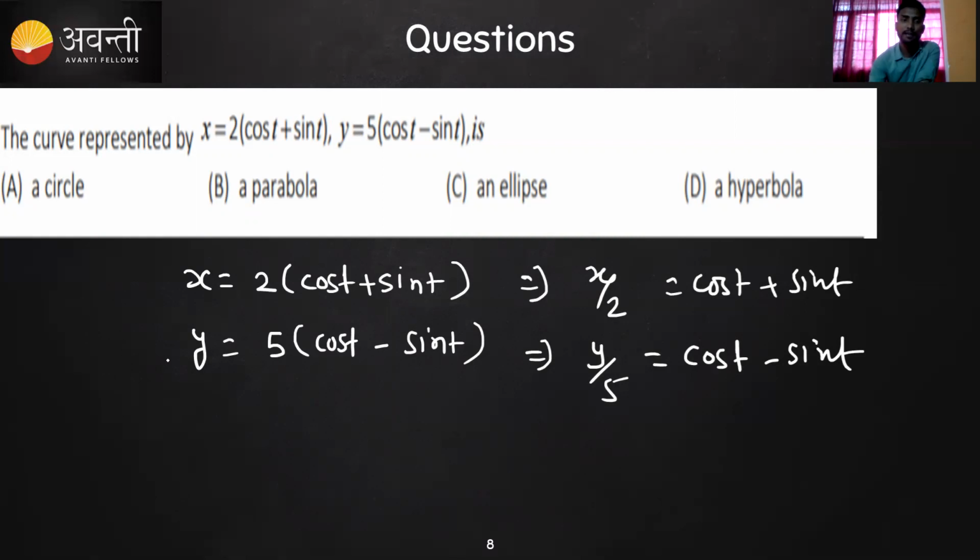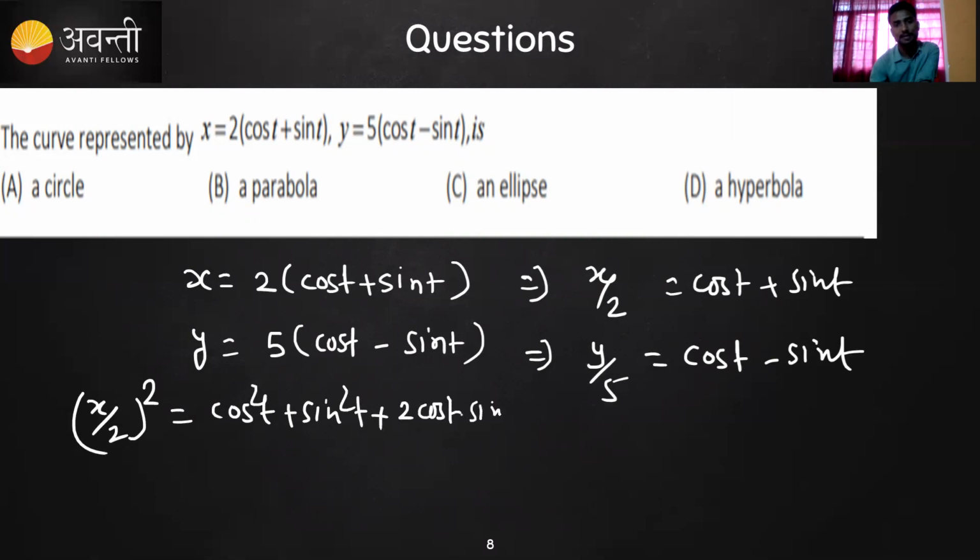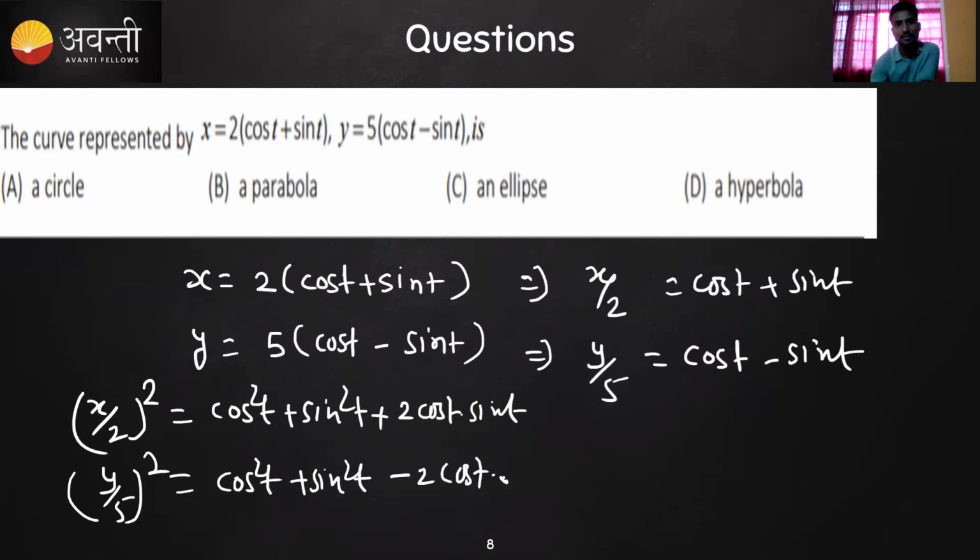In the same way, y divided by 5 the whole square is equal to cos square t plus sin square t, and minus 2 cos t sin t. So why have we written these things?